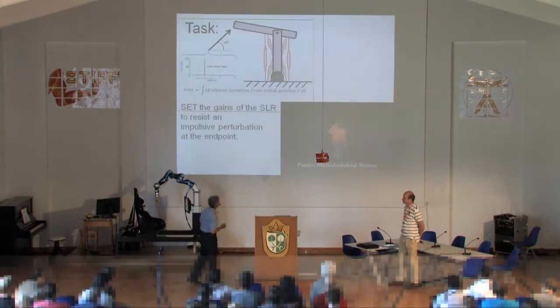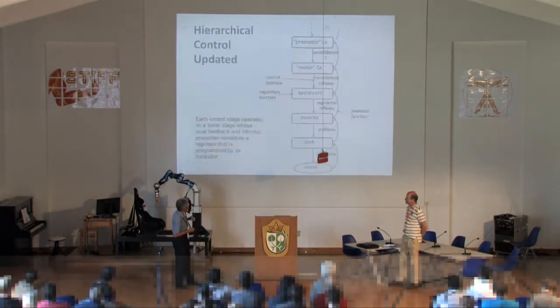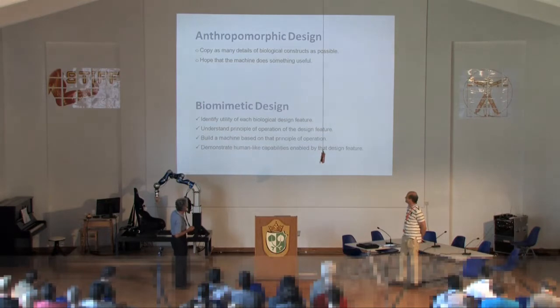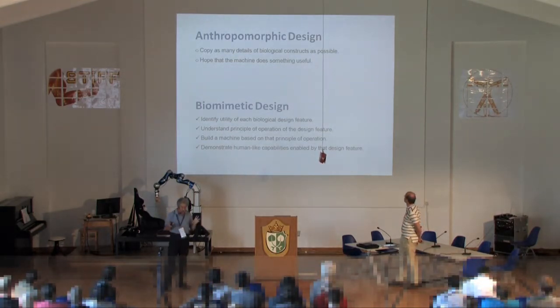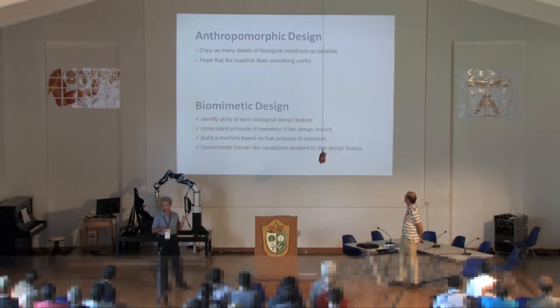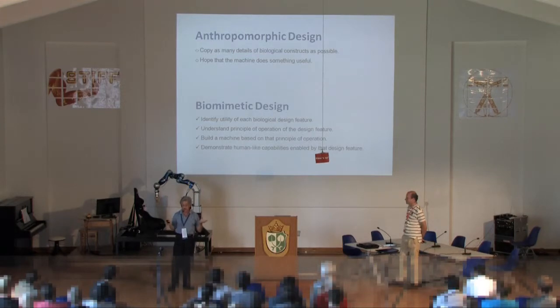So I have a very large amount of material, which I'm obviously not going to show. But I want to leave you with two things. First of all, we like to draw the distinction between anthropomorphic design and biomimetic design, and I suspect most people in the room have a similar view. Anthropomorphic design is where people just try to make it look exactly like the biological system and hope that that's somehow useful.